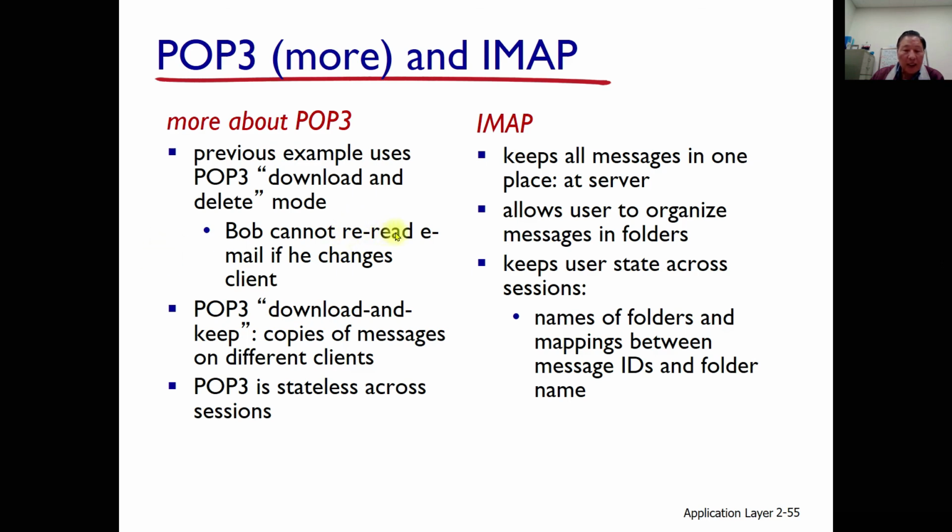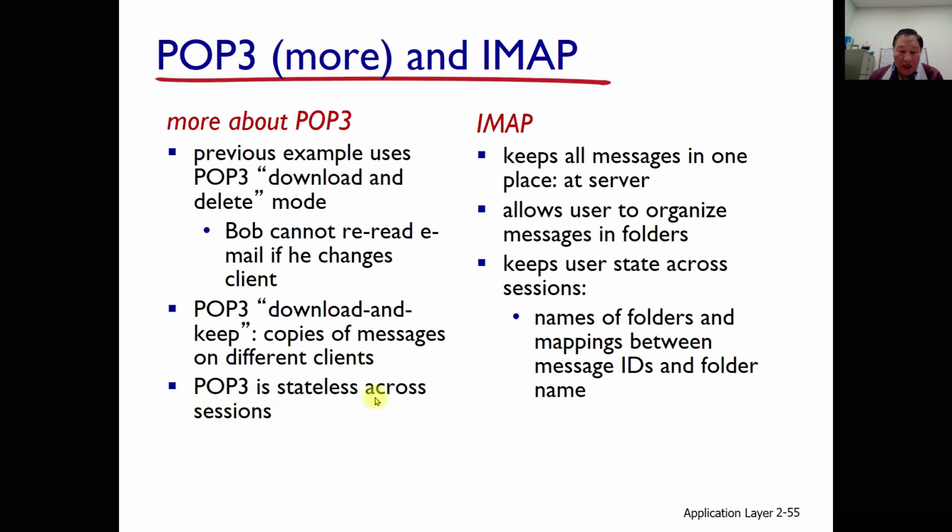If we change our computer, we cannot access that email anymore. If we are using download and keep mode, then multiple copies of the same email are stored. If we use another PC to download that email, then the email contents are still there on the first PC. Those copies are stored in many different clients.